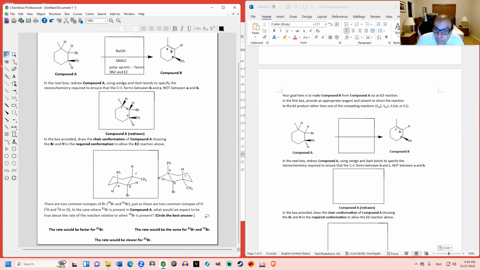We're breaking a carbon-bromine bond. Breaking a carbon-bromine 81 bond would be a little bit slower because we'd expect that bond to be a little stronger than breaking a bond between carbon and bromine 79. So I think the best answer is that the rate would be slower for bromine 81.